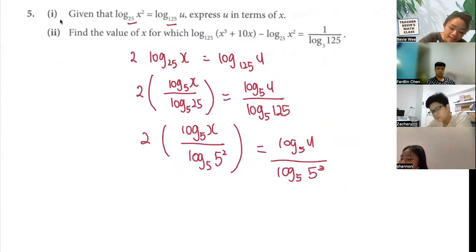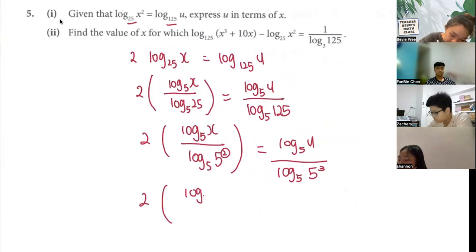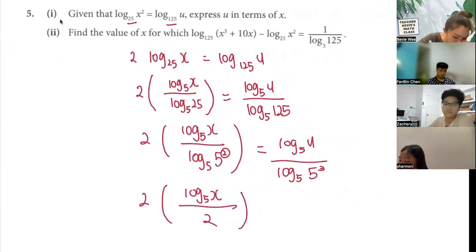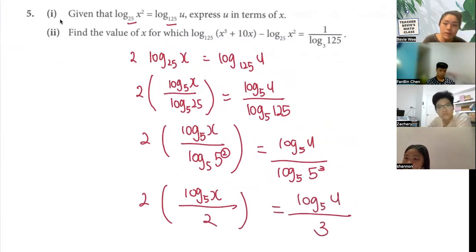And then from here, I can power law down. Log base 5 of 5 is 1, so it's just a 2 whole. Equals log base 5 of u over power law down, log base 5 of 5 is 1 again.